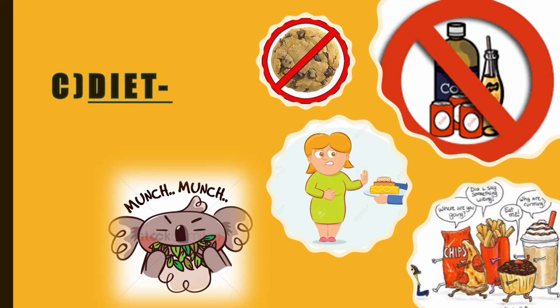By proper diet, I mean you're supposed to minimize the consumption of refined carbohydrates. Refined carbohydrates include everything which you can see on the screen and many more, not just confined to this.